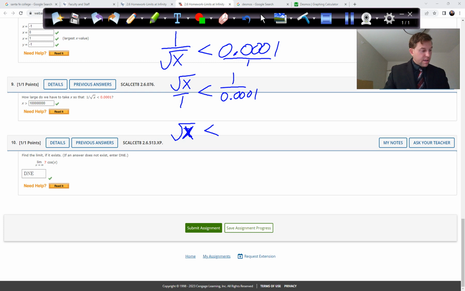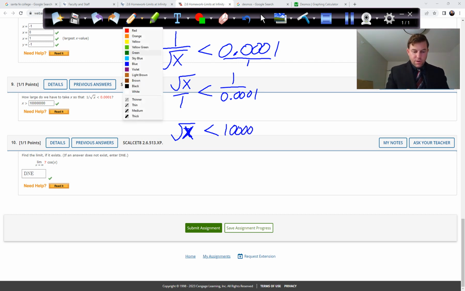has to be smaller than, if you take 1 divided by 0.0001, you will get 10,000. Now to get rid of square root of x, we have to square that, but that means we have to square this side.